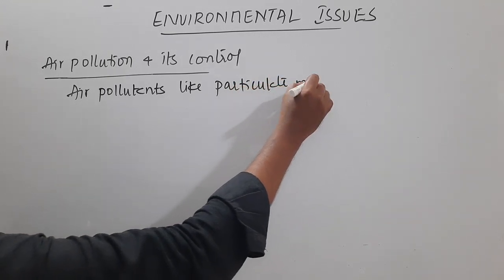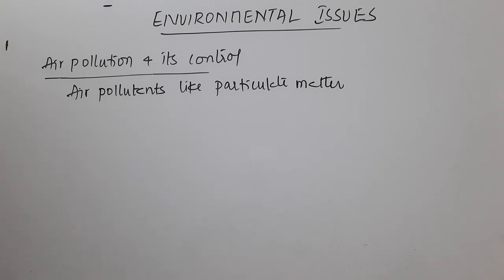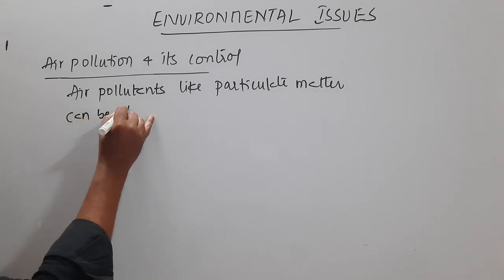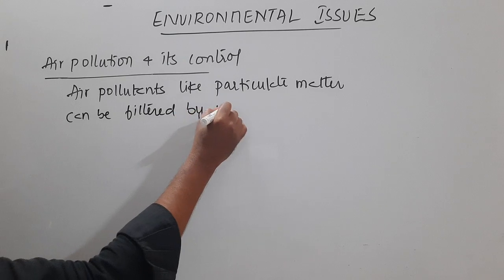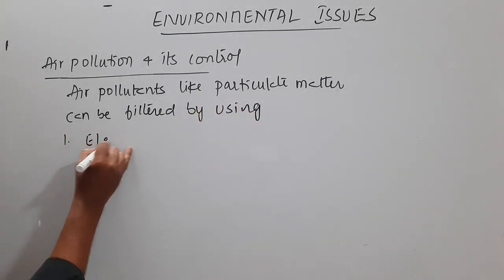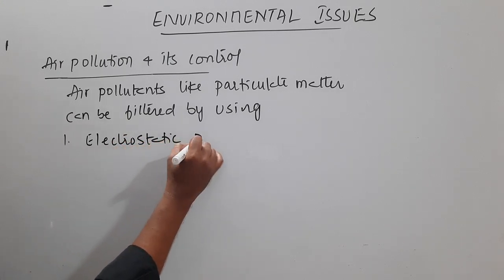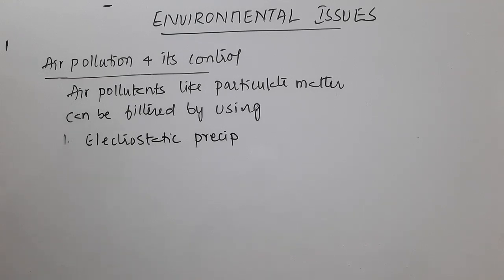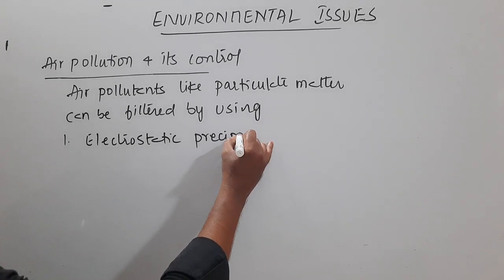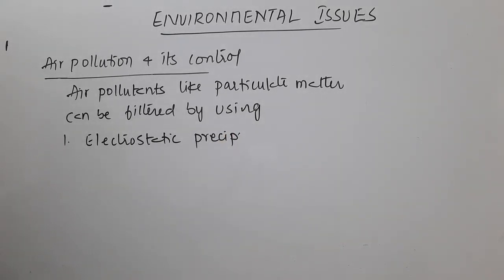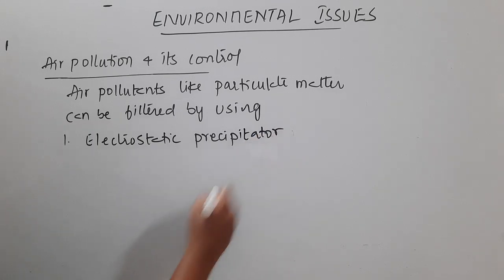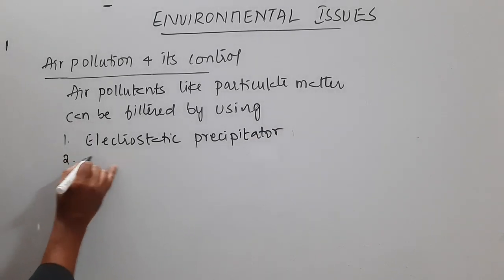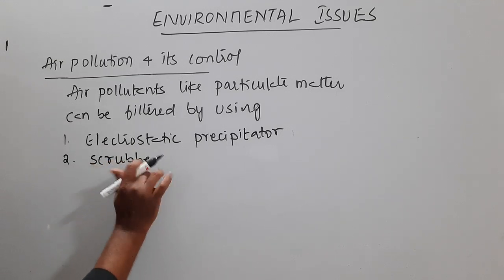Air pollutants like particulate matter can be filtered by using instruments like the electrostatic precipitator and another one called a scrubber.